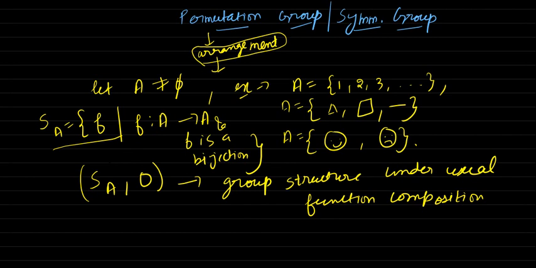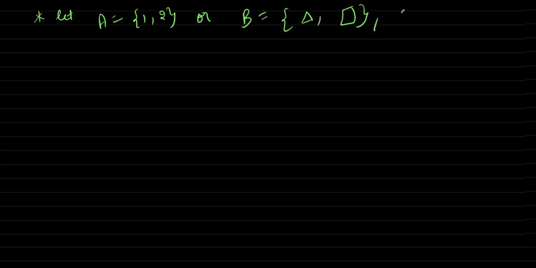Why we need the permutation group, we will see later. Now for example, suppose we take A equal to {1, 2}, or we can assume B equal to some triangle and some square, or we can assume C equal to this sad emoji and this happy emoji.